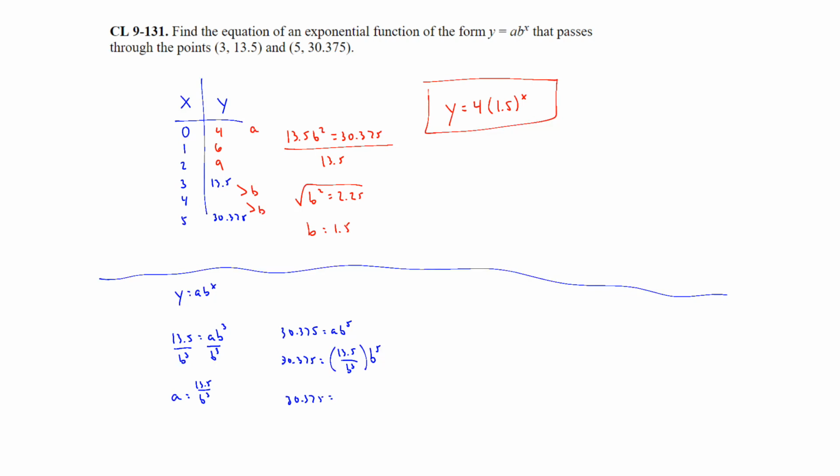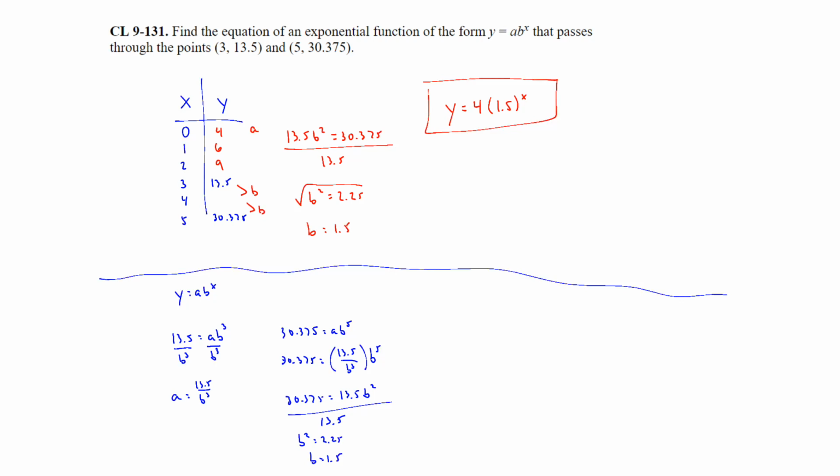Since we're dividing common bases, we subtract the exponents, so that would be 13.5 b to the second power. And then you'll notice that's really right back to where we were on the one above. Divide by 13.5, you get b squared is equal to 2.25. Take the square root and you get b as 1.5.